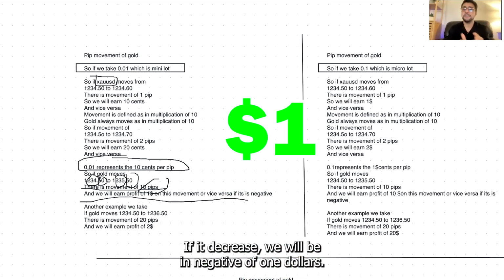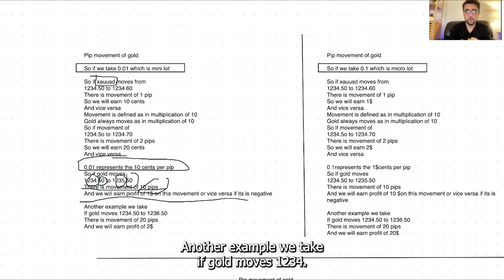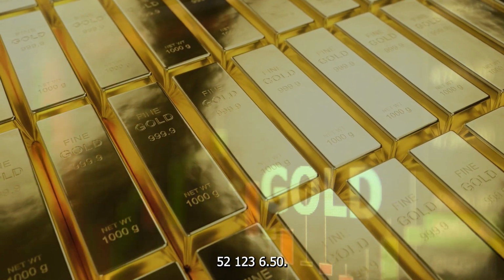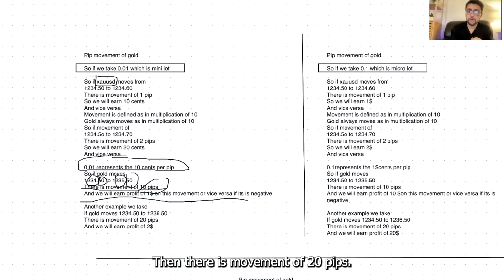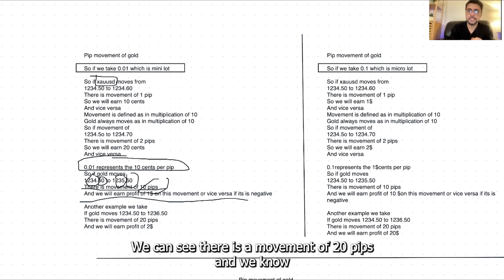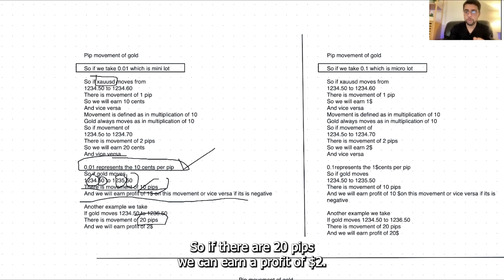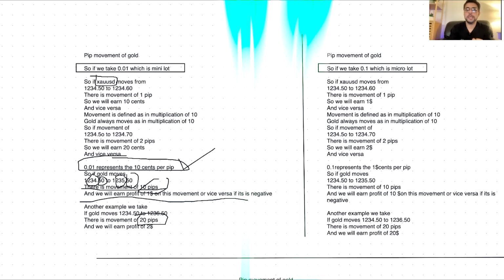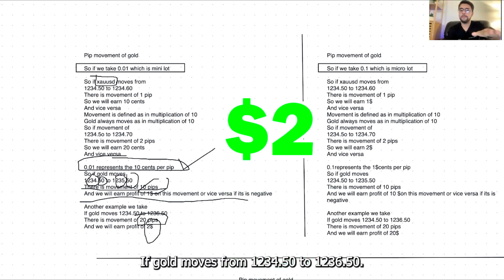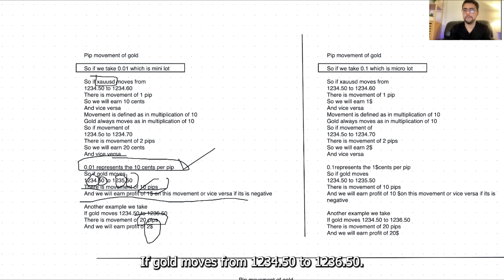If it decreases, we will be in negative by $1. Another example: if gold moves from 1234.50 to 1236.50, then there is a movement of 20 pips, and we know that 0.01 represents 10 cents per pip. So with 20 pips, we can earn a profit of $2 if gold moves from 1234.50 to 1236.50.